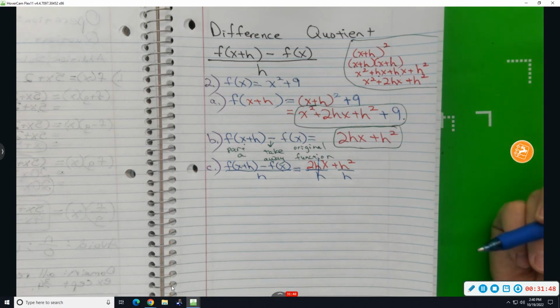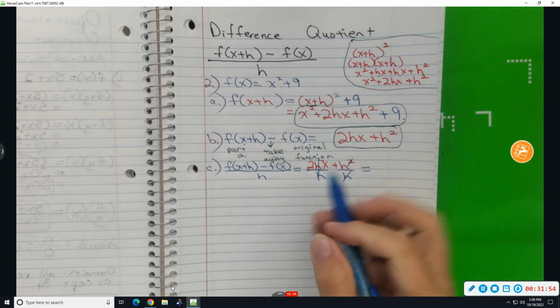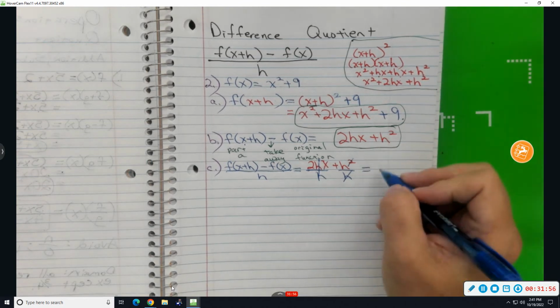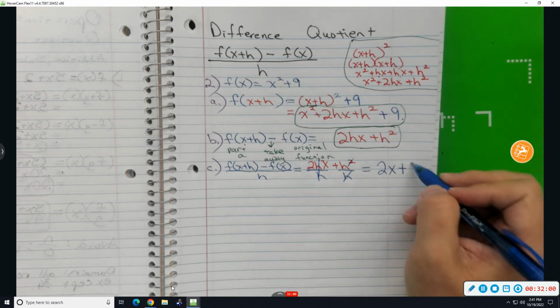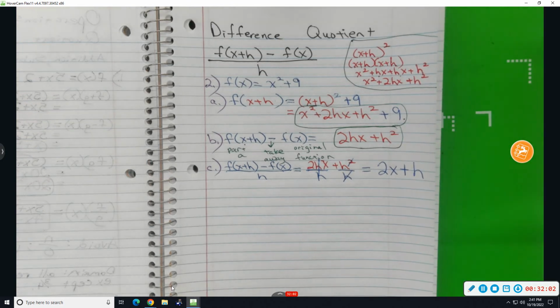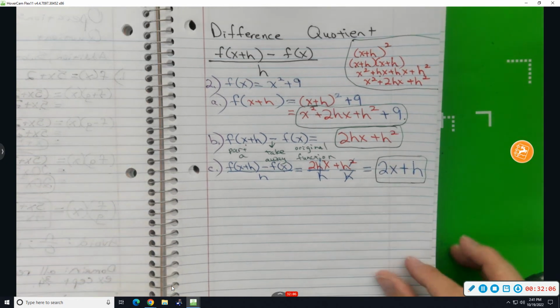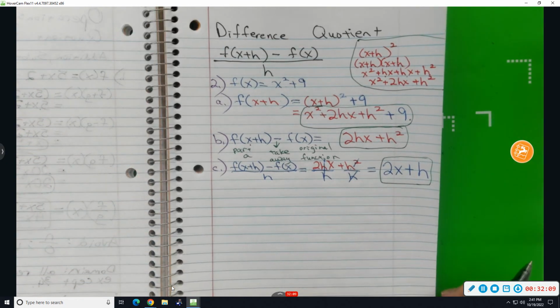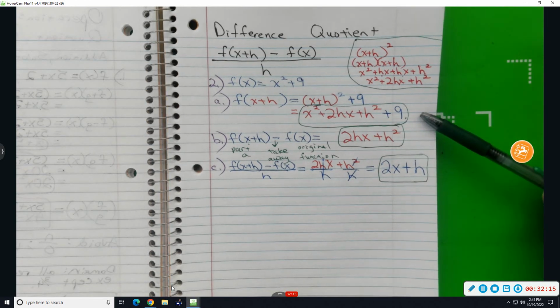H squared divided by h? Yeah, we can cancel one h above and below. So we have left 2x plus, we have 1h remaining. Any questions there?